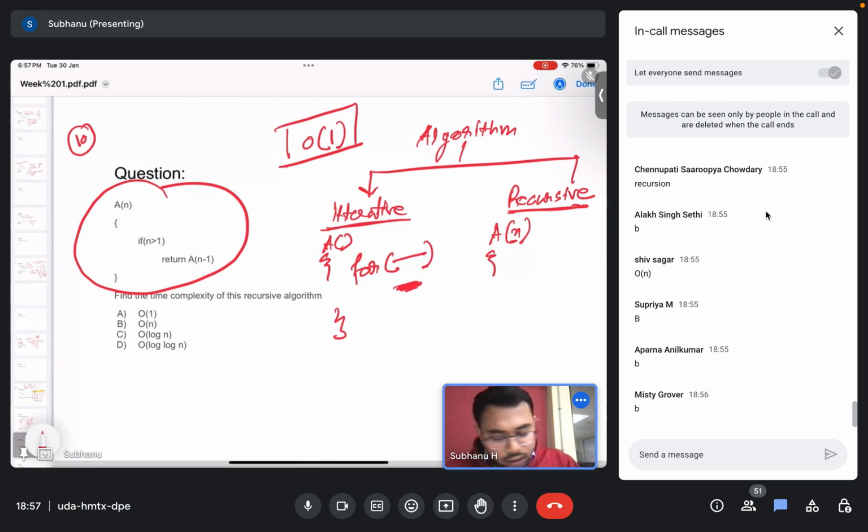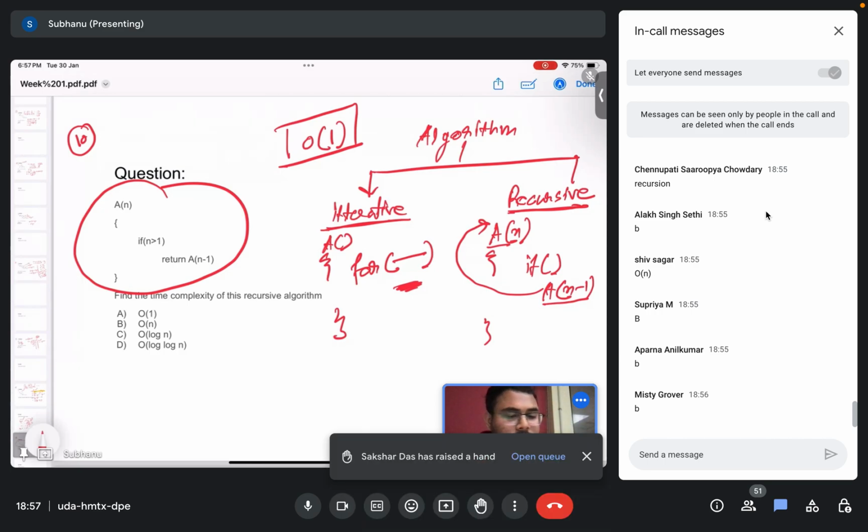In recursion, your function will call the same function again. Like your function name is a, and in the program you are calling the same function multiple times. This is called the recursive equation, and we will see how we can solve this type of equation.